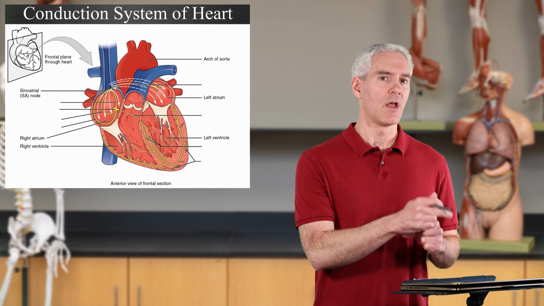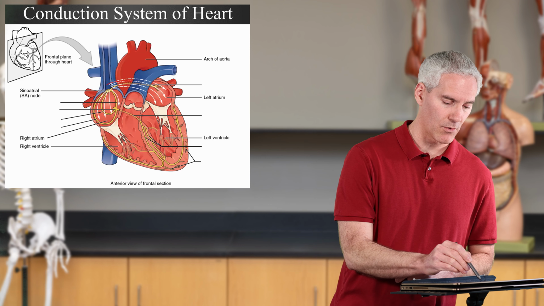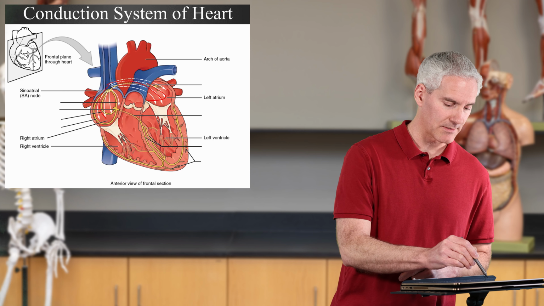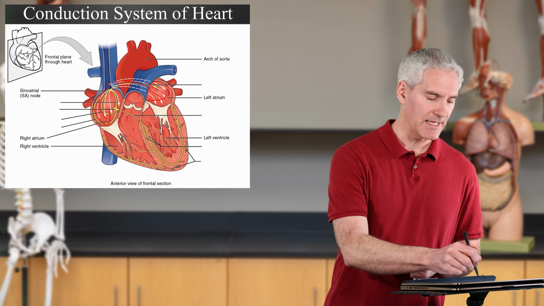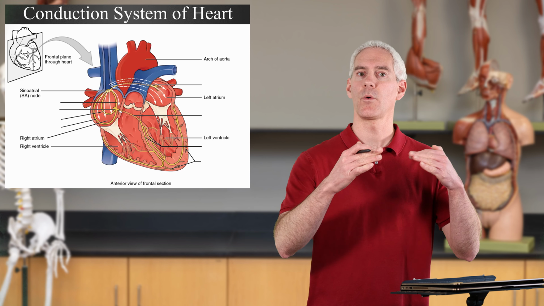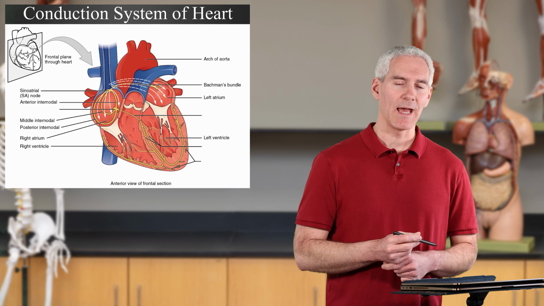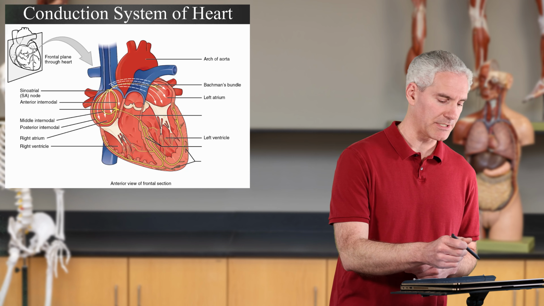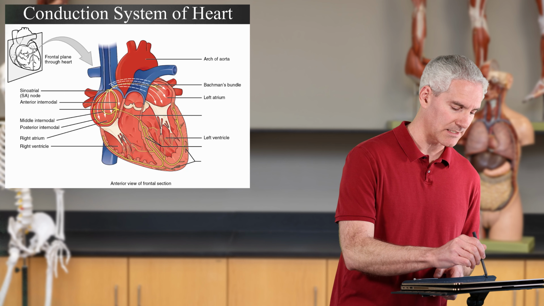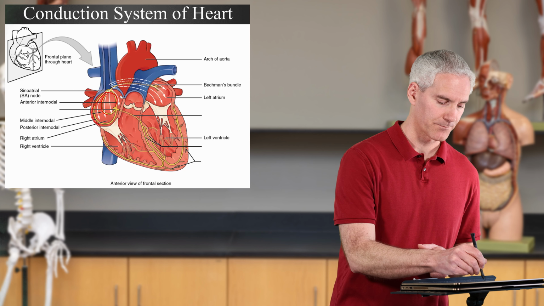From there, that depolarization wave, as you guys see, it's going to travel over here and travel down. The idea is you're trying to get out to the left atria and all the way through the right atria. To do this, you have this anterior, middle, and posterior internodal. That's these yellow lines coming down. It's helping to carry the signal down.